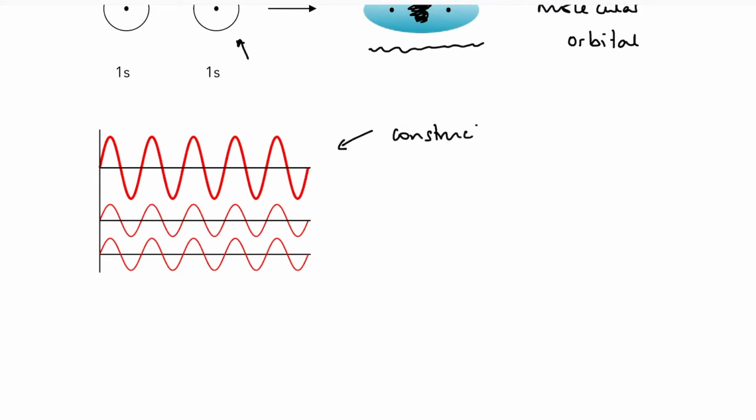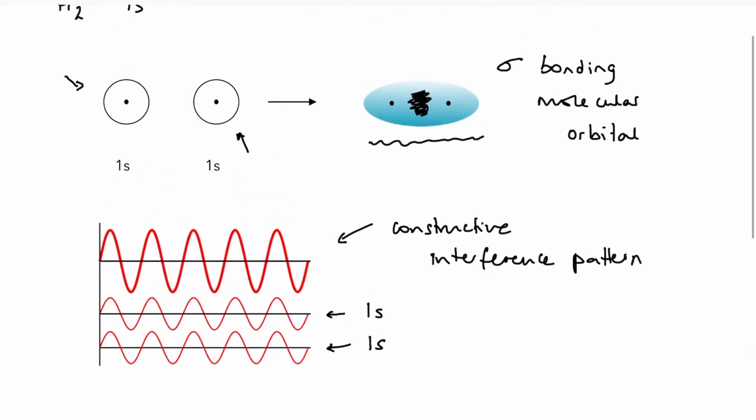So this is a constructive interference pattern for two waves. If we assume that each of these individual waves is the wave function for our 1s orbital, and we combine them constructively, we get a bigger wave, which equates to our sigma bonding molecular orbital.